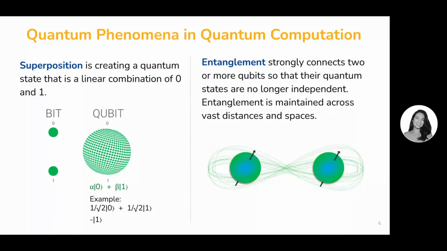Of course, this is a technical definition, but you will learn more about it once you start digging into quantum computing. But the main idea is that two qubits are no longer separate, but rather together they create one system, or one state together.